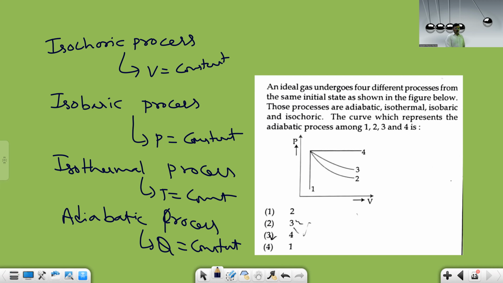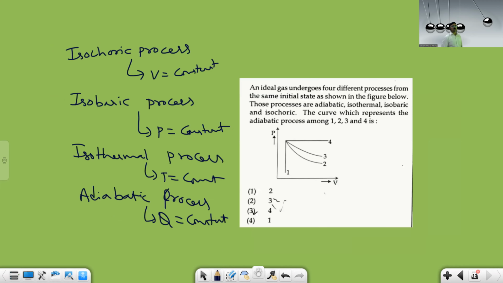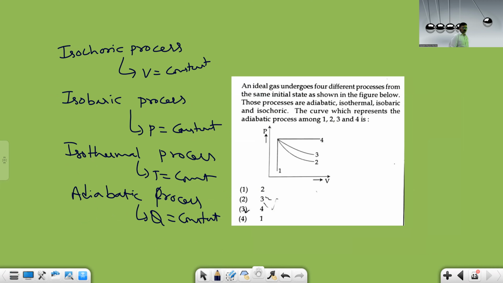One more hidden piece of information here is the relation between the adiabatic curve and the isothermal curve. First, let me check the fourth one. It's parallel to the volume axis, which means the y-axis term is constant.